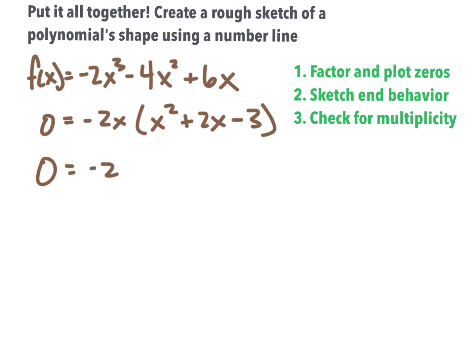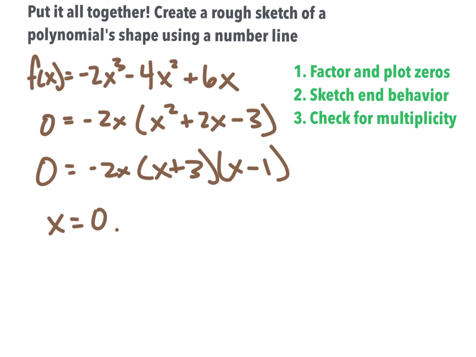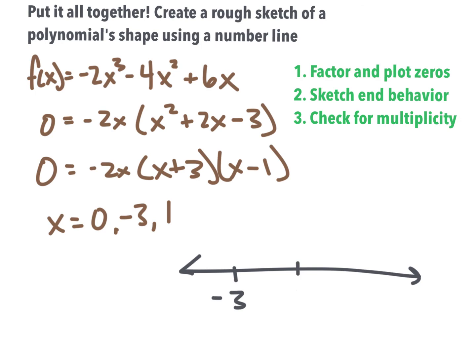So 0 equals negative 2x times x plus 3, x minus 1. That gives me zeros at 0, negative 3, and 1. And remember, the 0 comes from setting this equal to 0. So now on a number line, I'm going to plot my zeros at negative 3, 0, and 1.